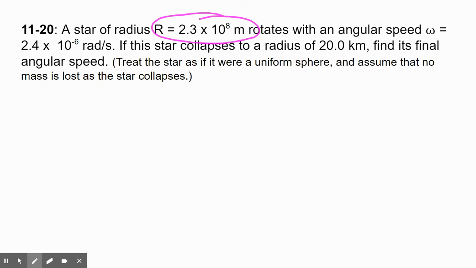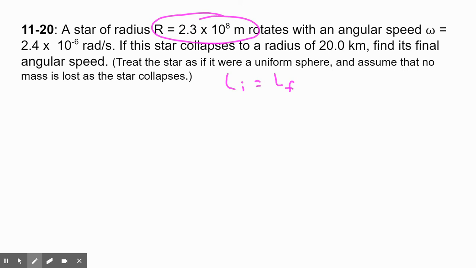All right. So let's consider, we're thinking of a before and after scenario. Something we know before and after is that angular momentum will have to be conserved. And that means that the L before and the L after must be equal.